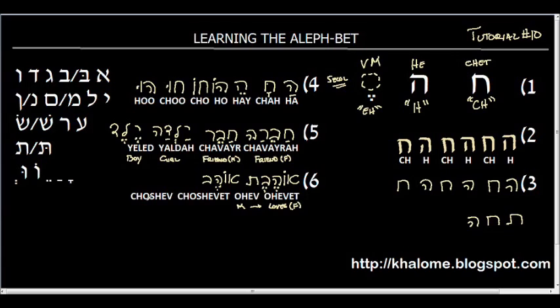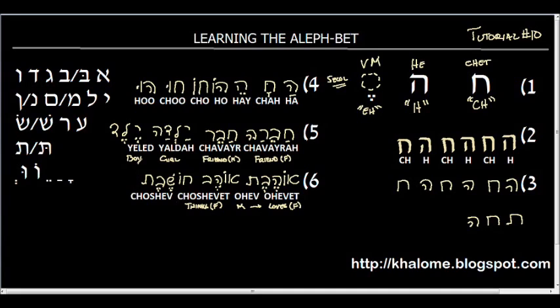Ohevet, she likes. Choshevet would be, we're going to use a chet, o vowel mark, a shin, the segol, vet, segol, and then we're going to end that with the tav. Choshevet. And this would be thinks, but it's the feminine, a female version. What would that be?